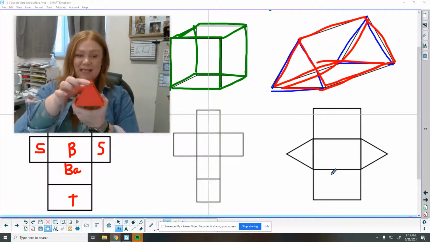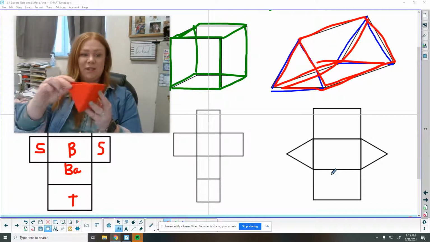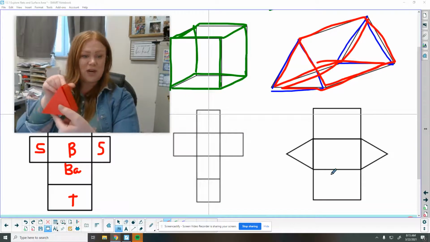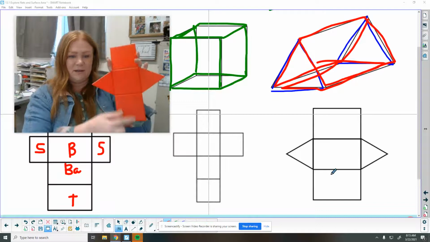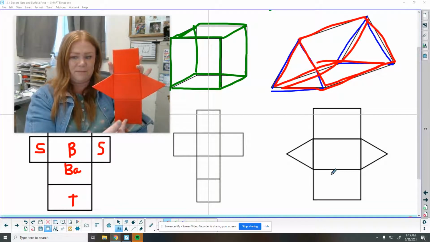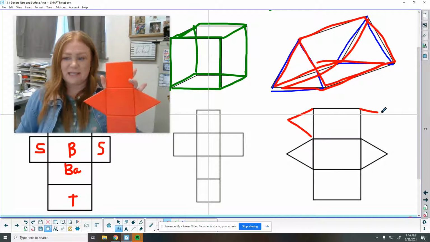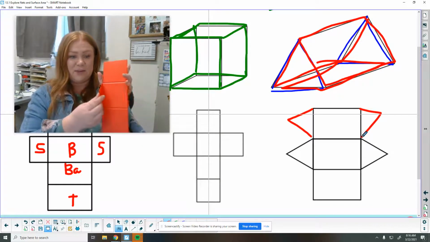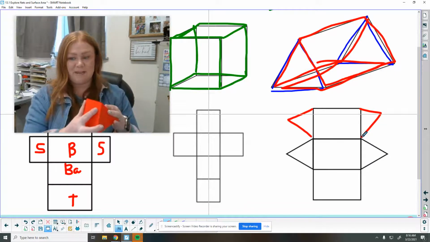And then here's a base, that's a triangle. Opposite side, base, that's a triangle. So it has 2 triangle bases, and each of the sides is a rectangle. So it wouldn't matter if I put the triangles connected to this top one here, because they would just fold up wherever they are, and the other 3 sides fold together.